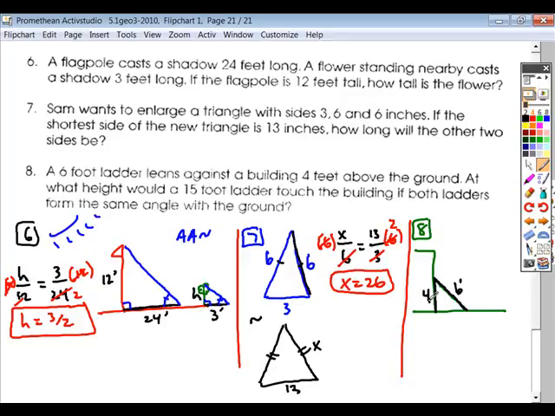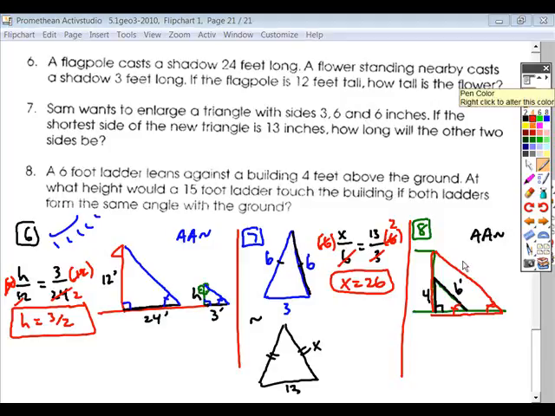And what it asks is, at what height would a 15-foot ladder reach if they formed the same angle with the ground? If we took a 15-foot ladder and it had this same angle with the ground, and we assume they both reach directly up the building, then again, by AA similarity, we have similar triangles here.